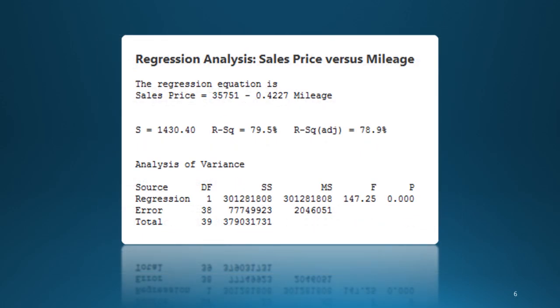Next, look at the analysis of variance table. So let's focus on the p-value. When there is one explanatory variable, this p-value tells us whether we can reject the null hypothesis and conclude that the slope is not equal to 0.